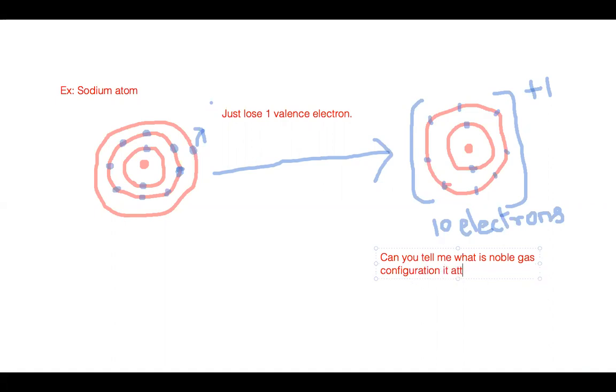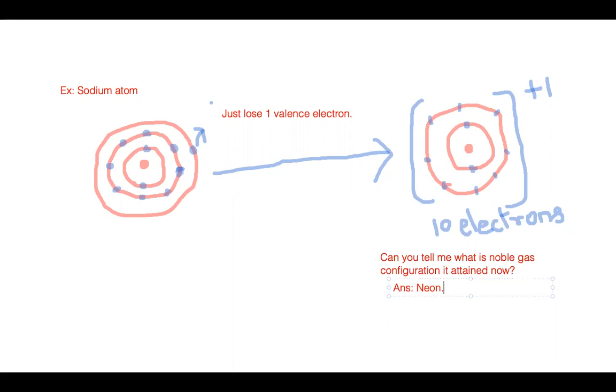It means what is the name of the noble gas with 10 electrons? Can you check the periodic table and tell me the name of the noble gas with 10 electrons? That is neon. You're right.